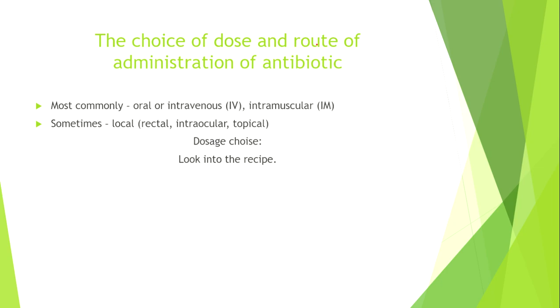The choice of dose and route of administration of antibiotic: most commonly oral or intravenous, intramuscular, sometimes local, rectal, intraocular, topical. Dosage choice is a very complicated question. That is why always look into the recipe. You must open your pharmacology book and see that there are many different dosages in different types of infection.